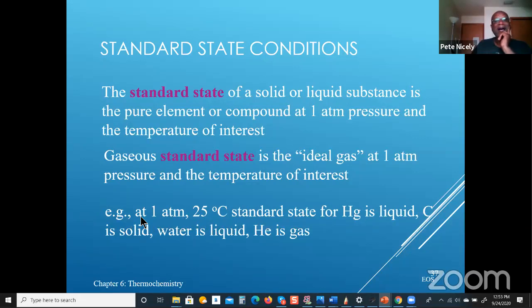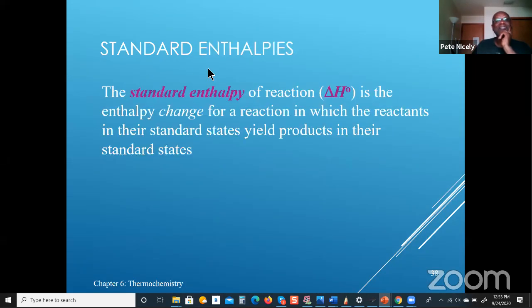So basically, any enthalpy changes that are made under these conditions are said to be standard, right? So we call them standard enthalpies, and we symbolize that using this representation here. We have delta H, but we add to that an O as a superscript to the right of the H, all right?